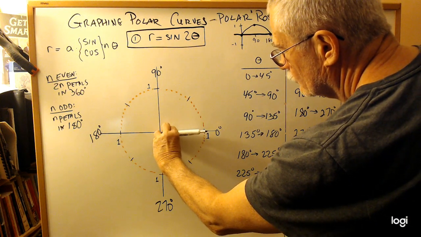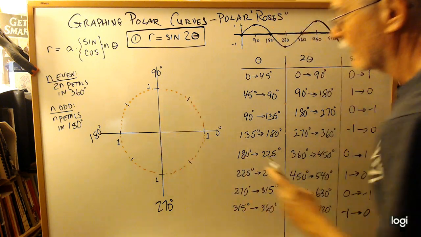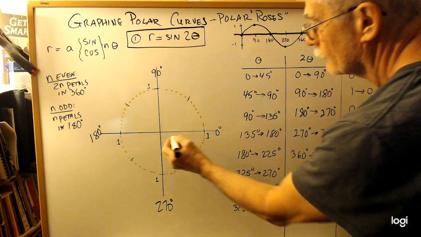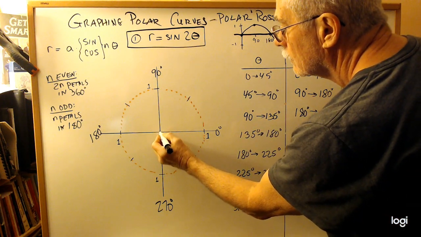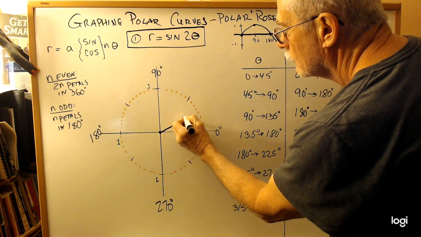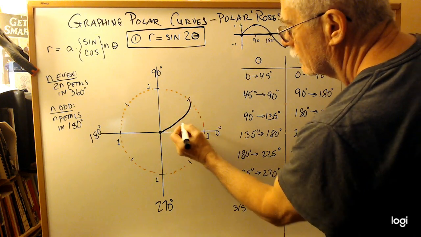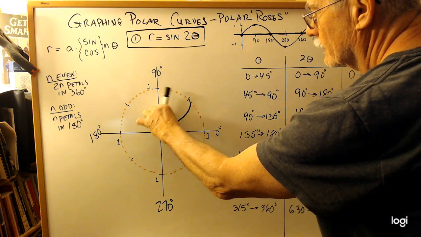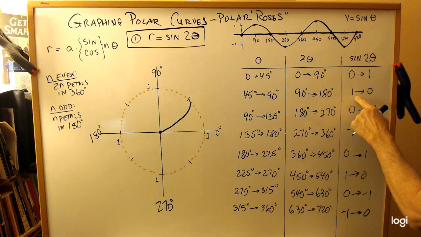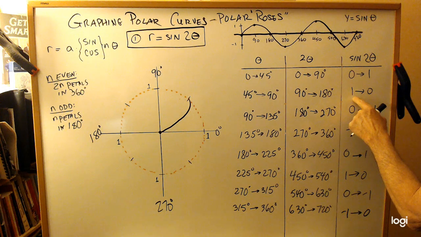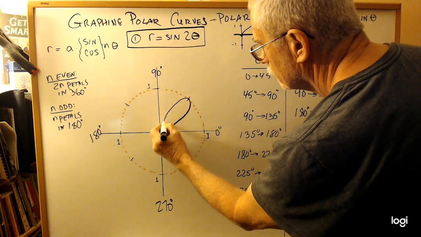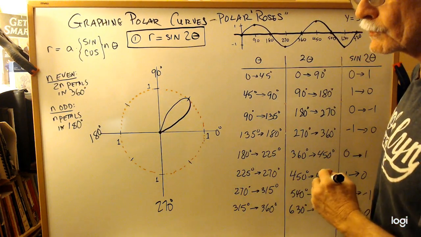Sine of 2 theta is going to go from 0 to 1. And when we go from 45 to 90, sine of 2 theta is going from a length of 1 down to 0. So that gives us our first petal.